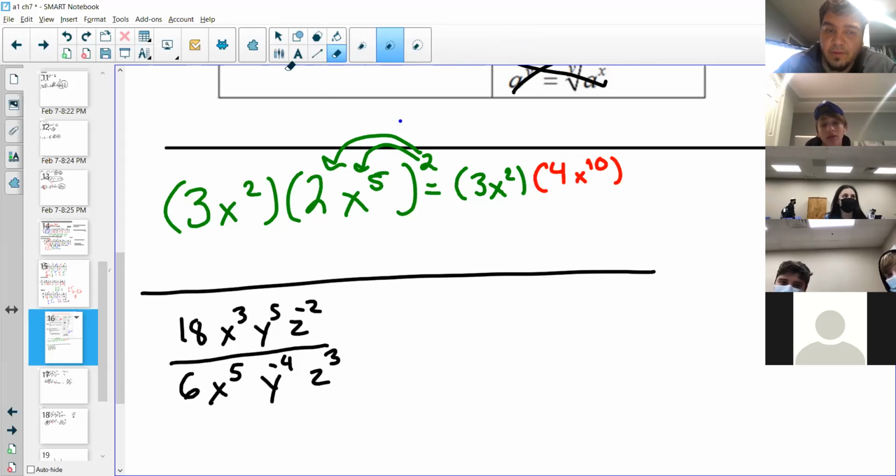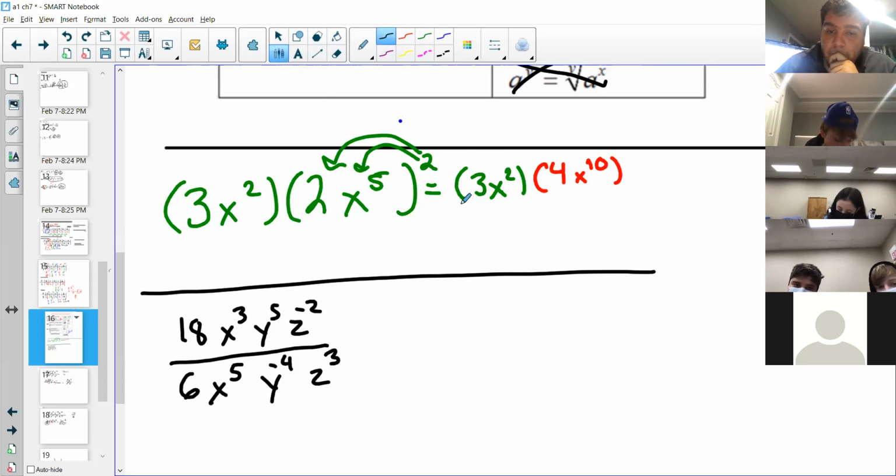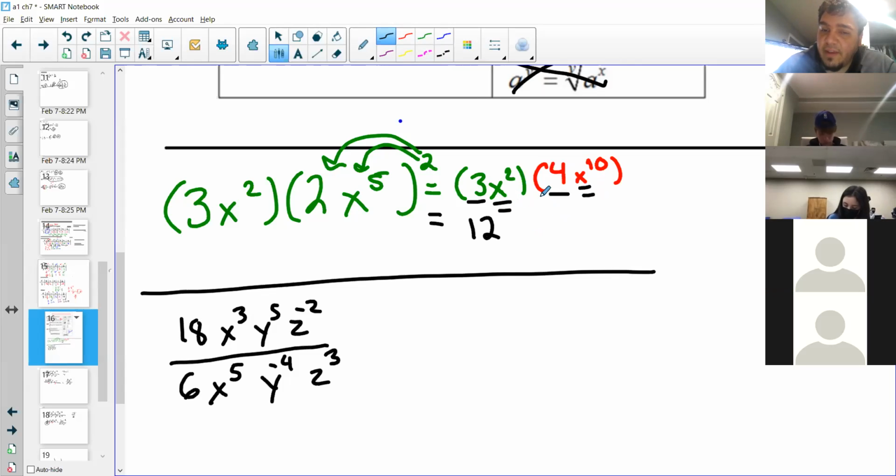Let me erase this little thing so I have space. After I get 3x squared and 4x to the 10, what I'm going to do is multiply them to each other. Normal numbers multiply normally. So 3 times 4, it's just a normal number. 3 times 4 is 12. X to the second times x to the 10, multiplying numbers with the same base, you add the exponents.